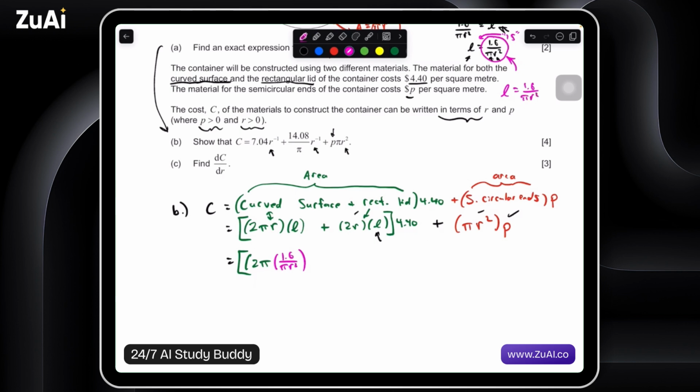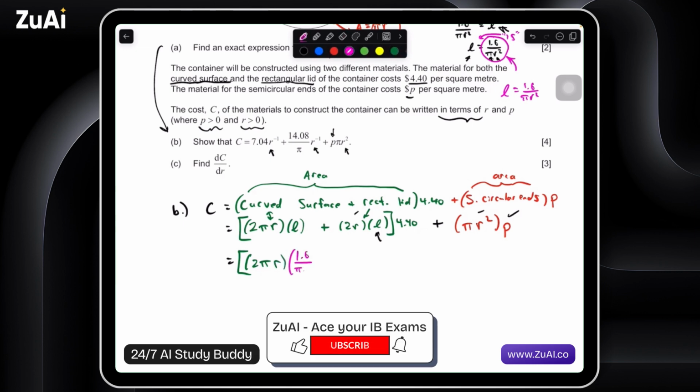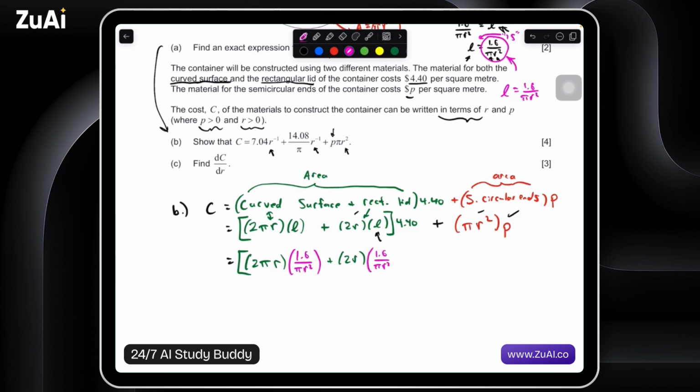We should be able to just substitute, let me erase this, 2 pi r times L, and then L itself is right here, 1.6 over pi r squared, plus 2r, which is fine, but then we want to multiply and substitute, get rid of this L, and replace it with pi r squared.